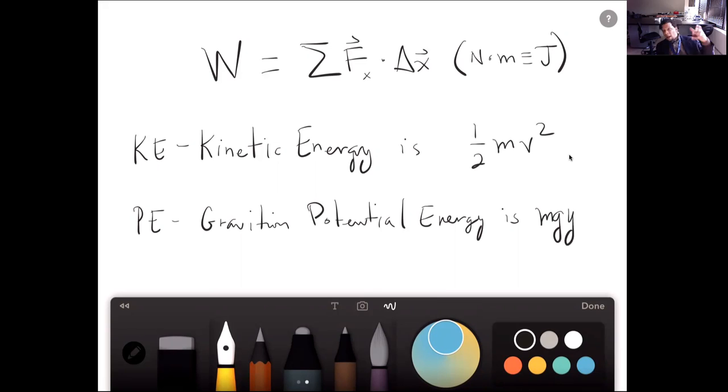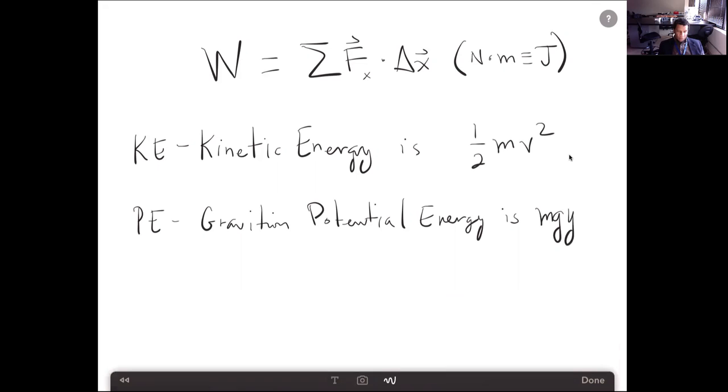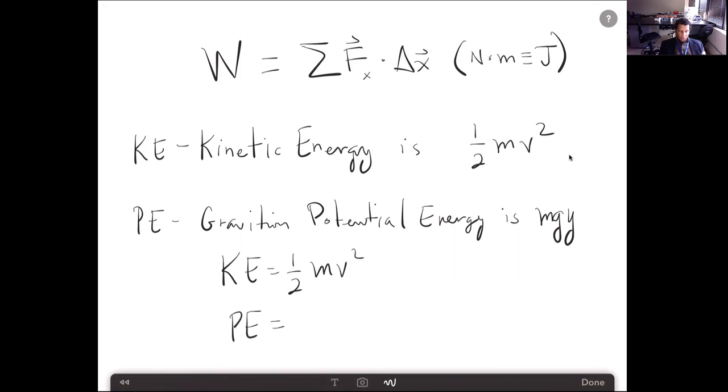And that's how high it is from the center of the Earth. In our case, we can say it's how high it is from the center of Earth. Yes, that would be correct. So instead of writing all of this out, we just typically write KE is equal to 1/2 mass times velocity squared, and PE, which is gravitational potential energy, is mgy.